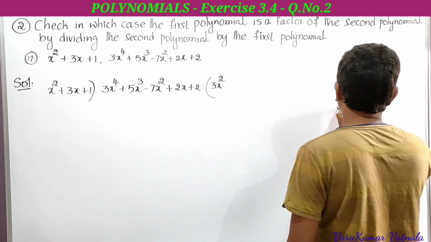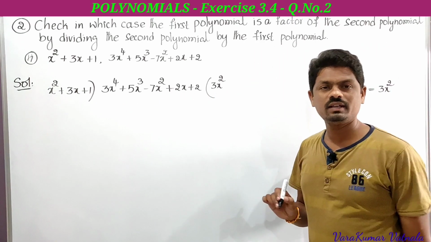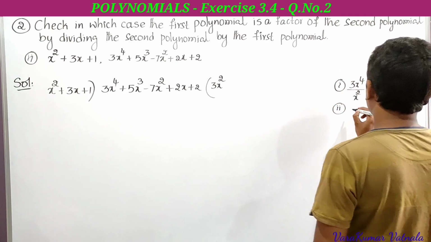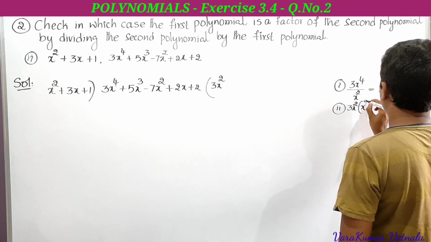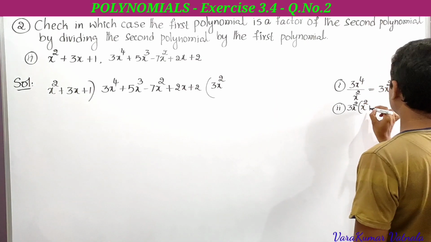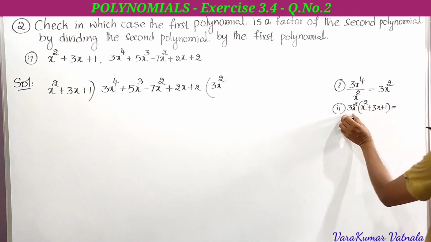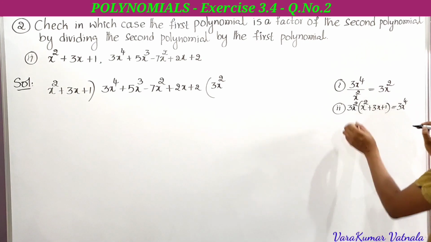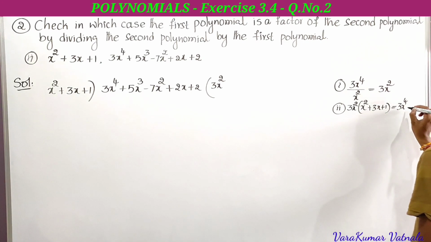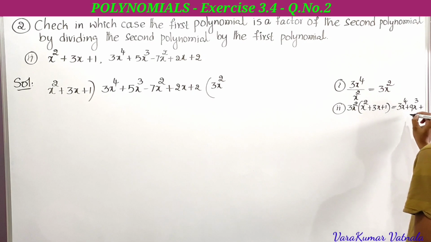So in the second step, multiply the divisor with 3x square. That is, I am writing 3x square into x square plus 3x plus 1. 3x square into x square, we get 3x to the power 4. So 3x square into 3x, we get 9x cube. 3x square into plus 1, we get plus 3x square.